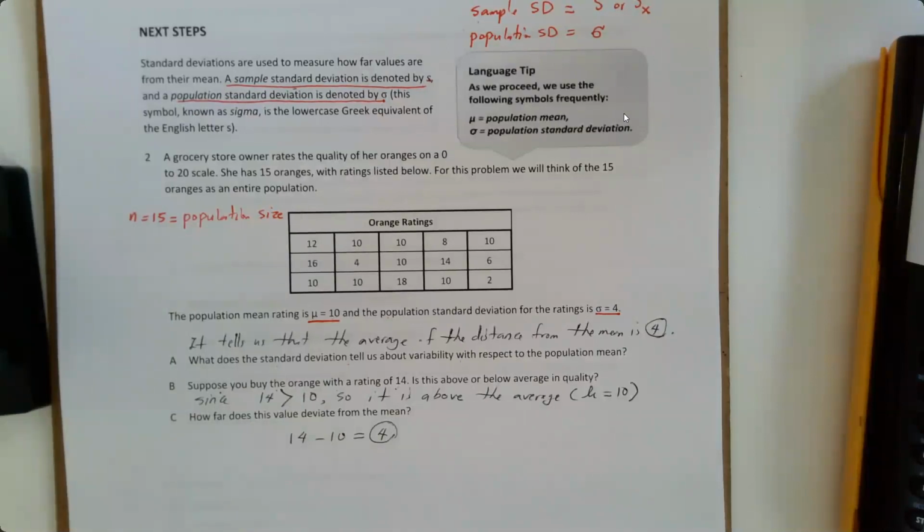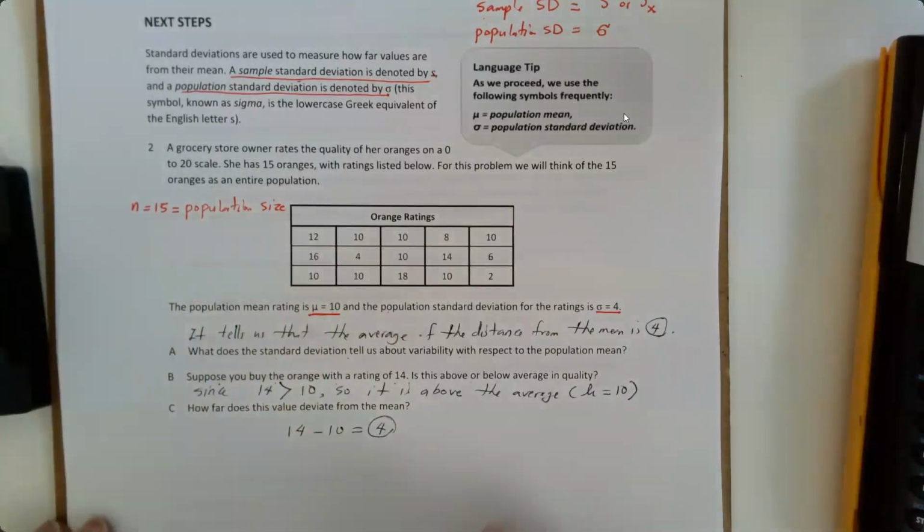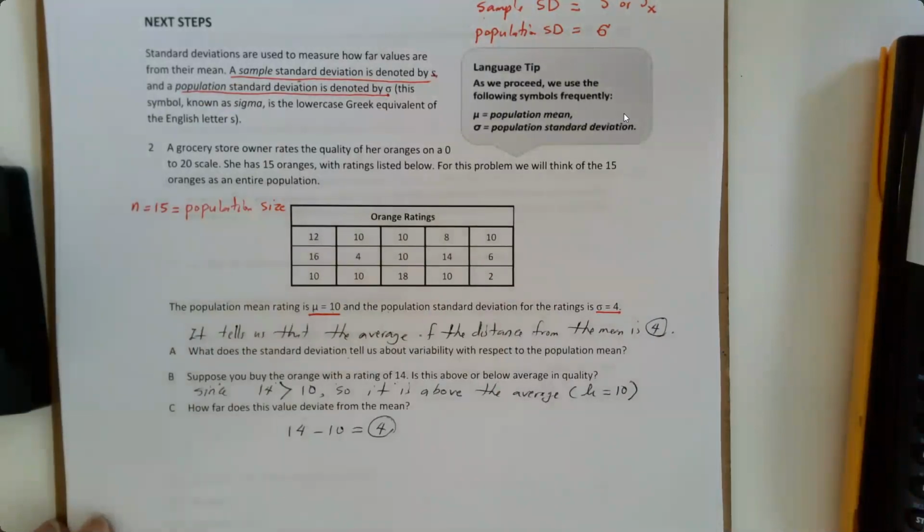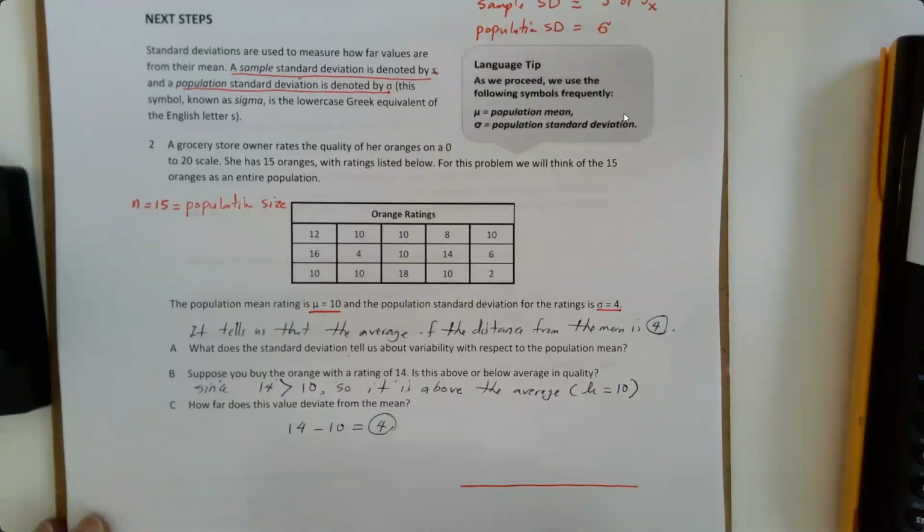So when it comes to data like this, these are your X values. We use a horizontal line and we assume that the population is normally distributed.